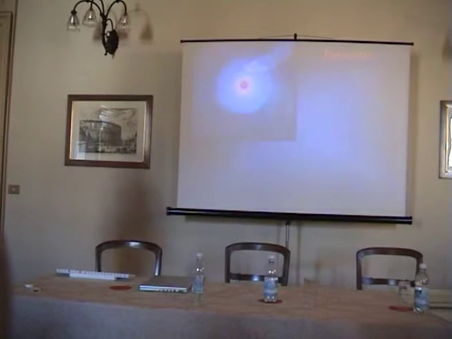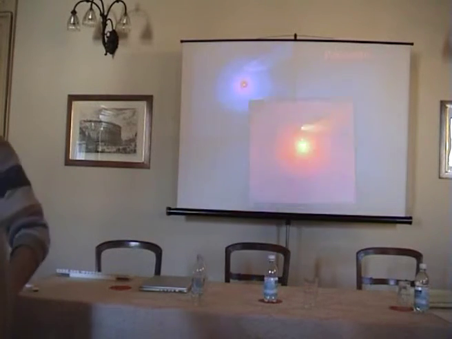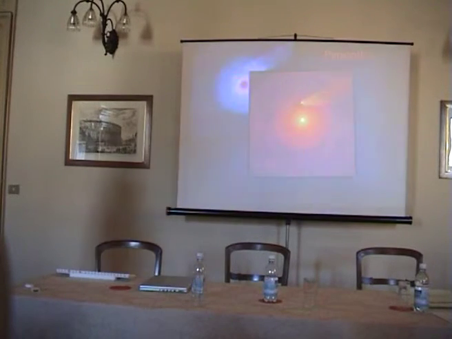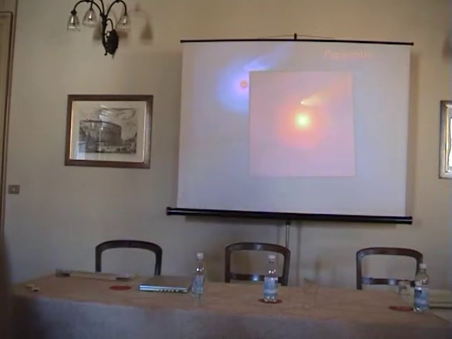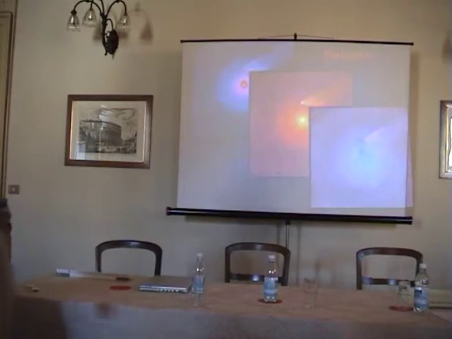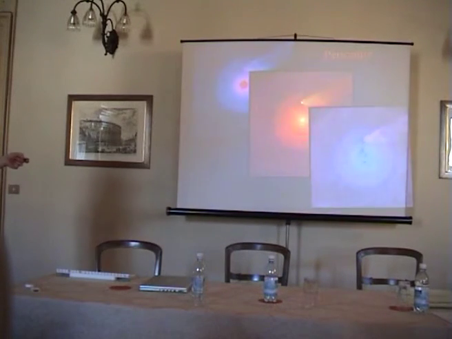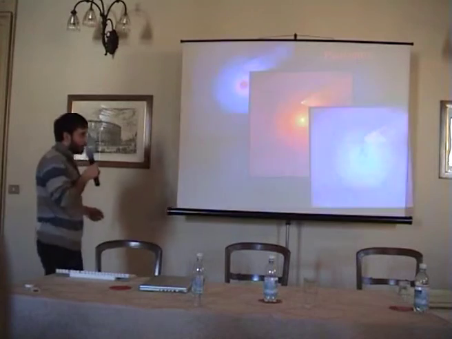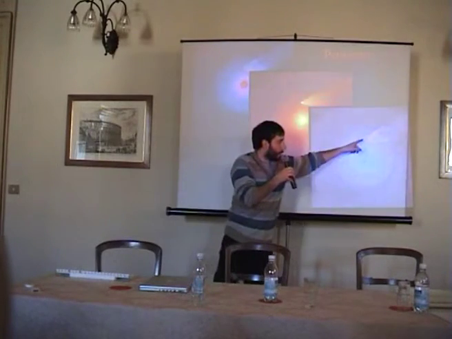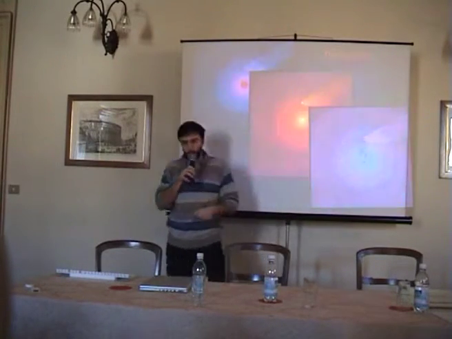If we look at the temperature map in the same region, we can see that the perturbed gaseous particles are also hotter than the unperturbed region, and they also have a tangential velocity that is higher in modulus with respect to the unperturbed region.